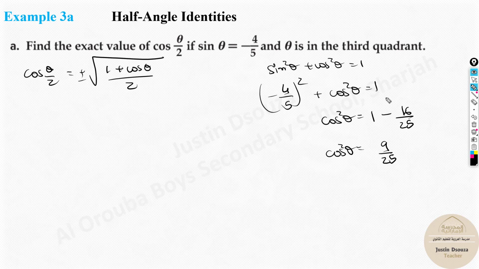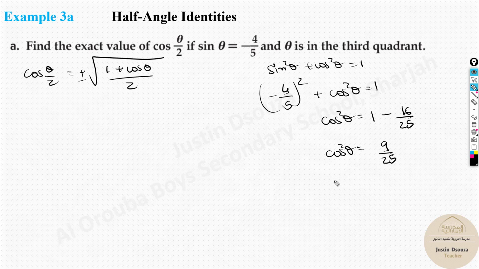If you're getting confused, you can just use the calculator, because you're allowed to use calculators. But if you're wondering how I did it directly, you have a whole, and a whole can be written as any number by the same number. It's just 1, so I can write 25 by 25 here, minus 16 by 25. Now it's 25 minus 16, that is 9. The denominators are the same, so you write 25 only once.